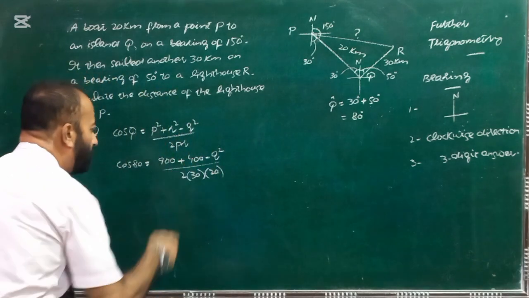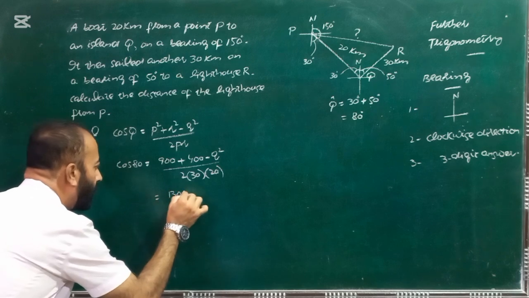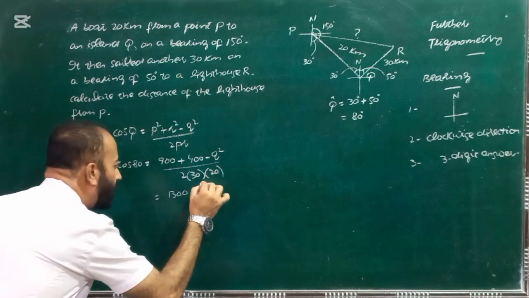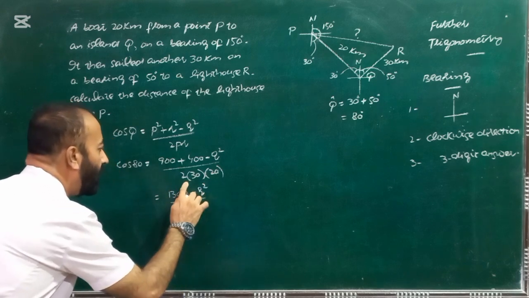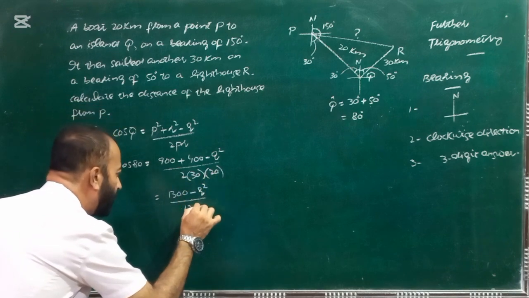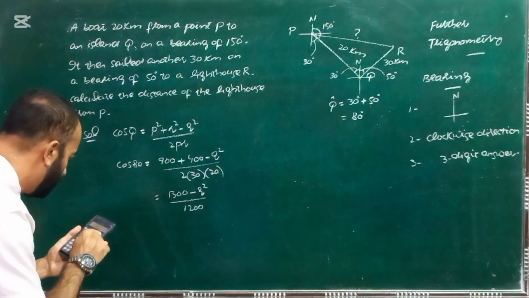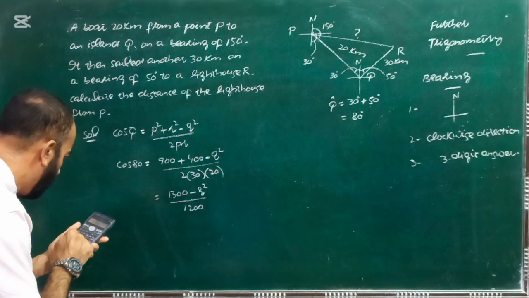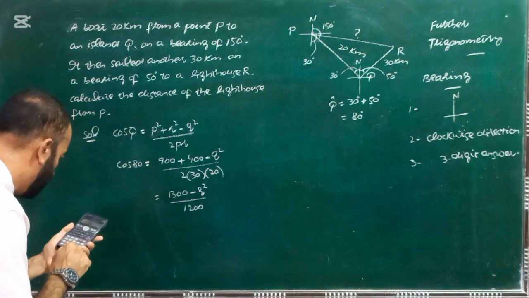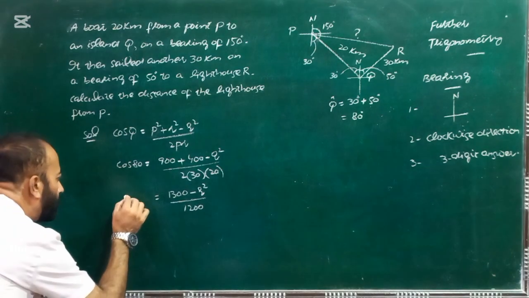So 900 plus 400, 1300, minus Q square is still there. In the denominator, 2 3s are 6, 6 2s are 1200, and on the left hand side cos 80. So cos 80 degrees is 0.174.